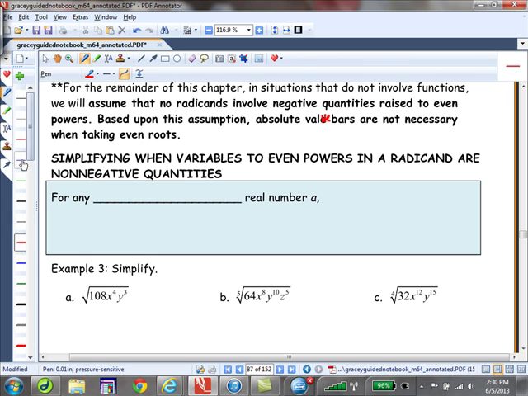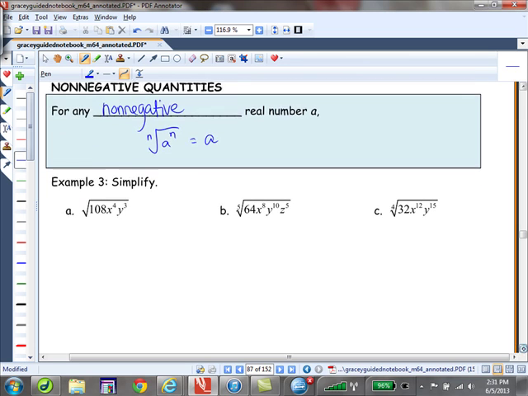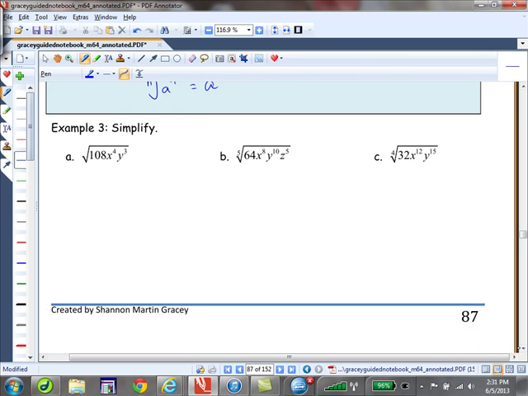So that means that for any non-negative real number a, the nth root of a to the n will be a.